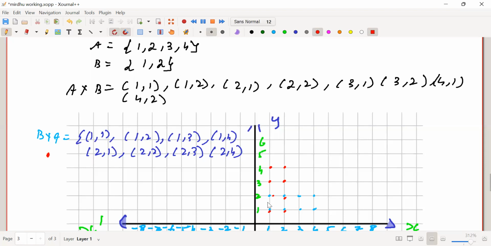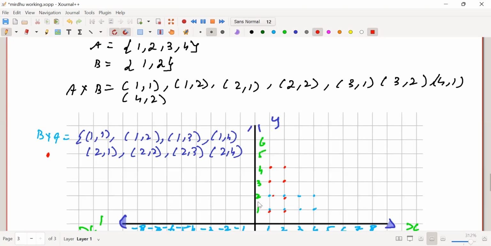So there is an intersection of (1,1), (1,2), (2,2), (2,1), and (2,3). All others are not intersection. So from these, we can easily say these 4 are intersection and these are not intersection.